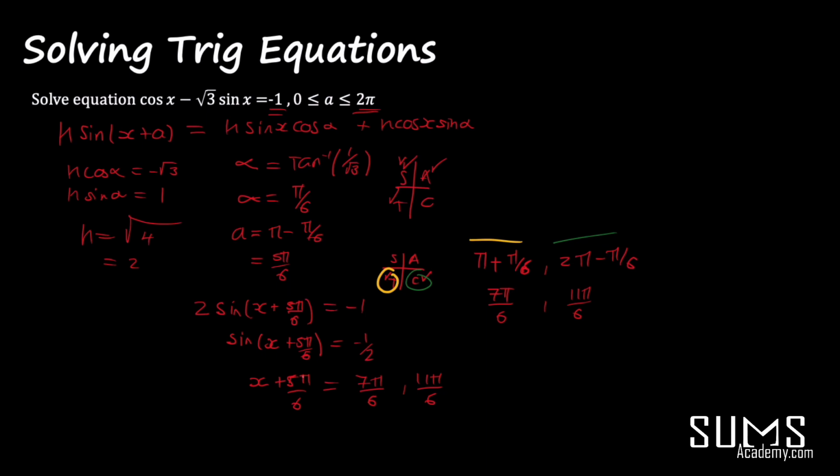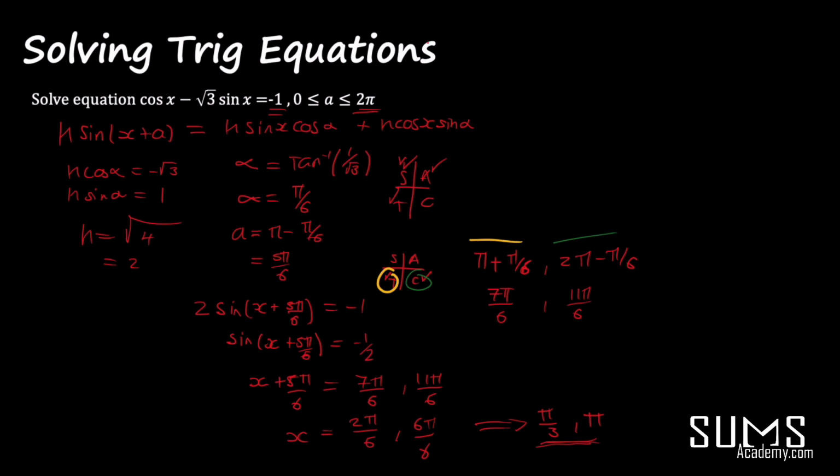So move the 5 pi over 6 over, so you're left with x is equal to 2 pi over 6 and 6 pi over 6, which simplifies down to pi over 3 and pi. Okay, so those are your two answers there.